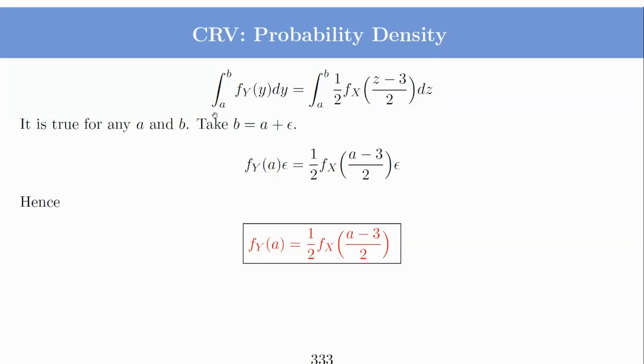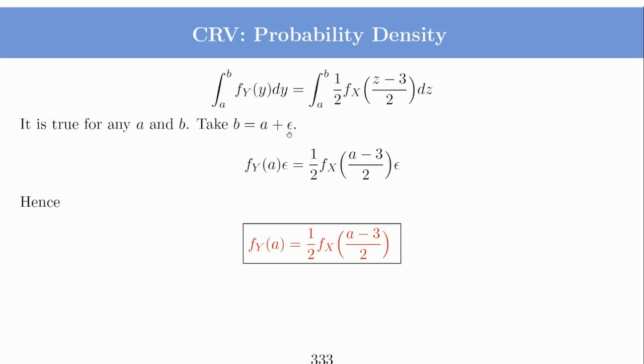So this integration from a to a plus epsilon, if epsilon is very small, will just become the density multiplied by b minus a, which is epsilon. In a small interval, you can say the integration is just the value multiplied by the length of the interval. Similarly here, if epsilon is very small, we can say this is equal to half f_X((a minus 3)/2) times epsilon.